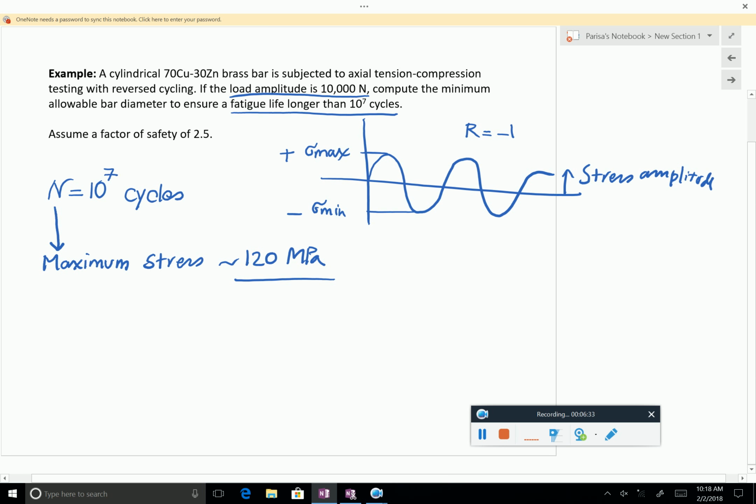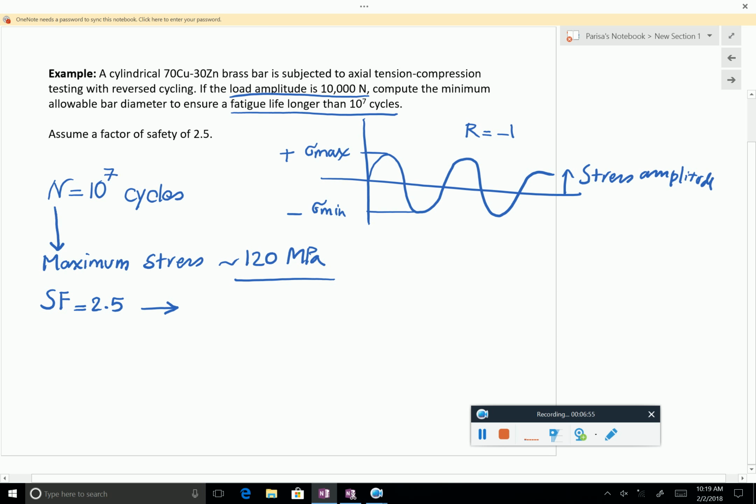What should we do next? Can I design for 120? No. What would be the safety factor if I would design for 120? 1. And that's normally not acceptable. So exactly, I'm glad that this is clear. So we have safety factor of 2.5.